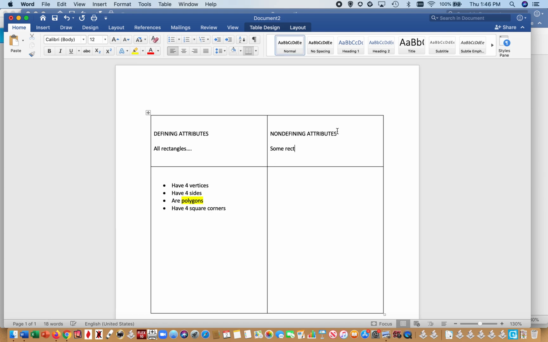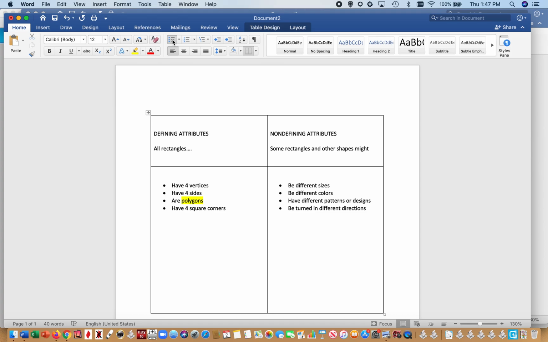Some rectangles and other shapes might be different sizes, be different colors, have different patterns or designs, be turned in different directions.